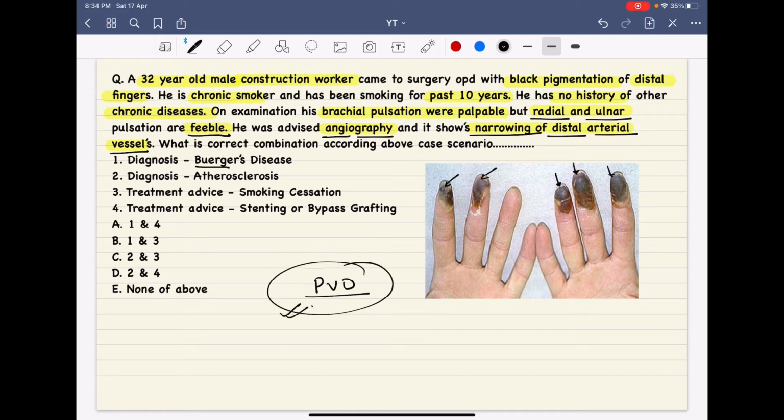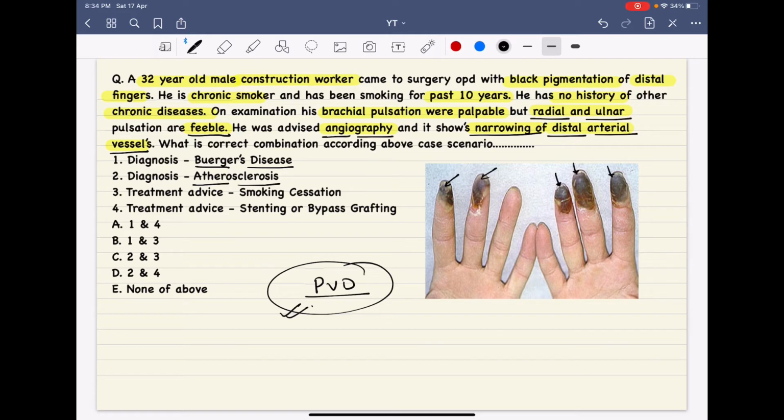One is Buerger's and another one is atherosclerosis. Now we have to choose from both these diseases and identify the correct option. So see here how to identify.